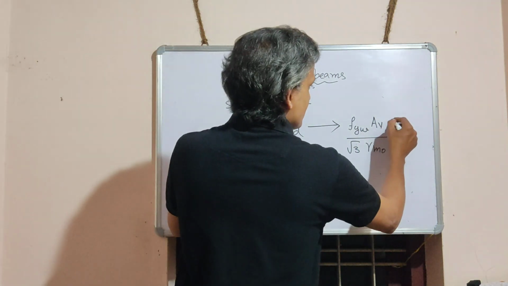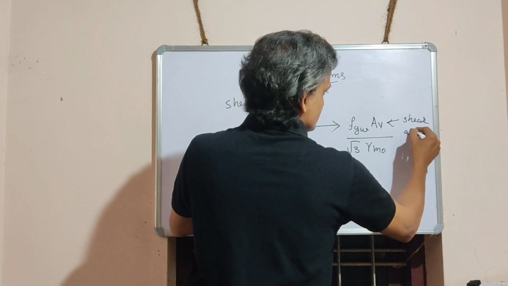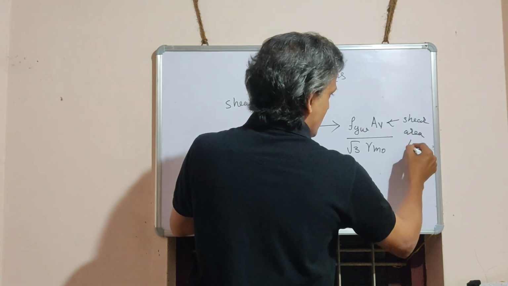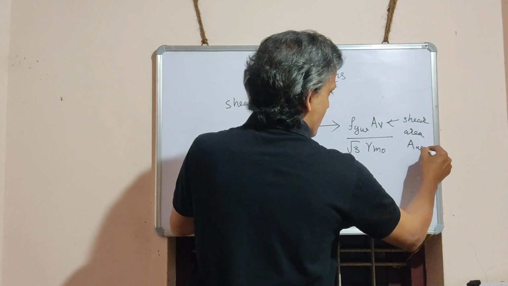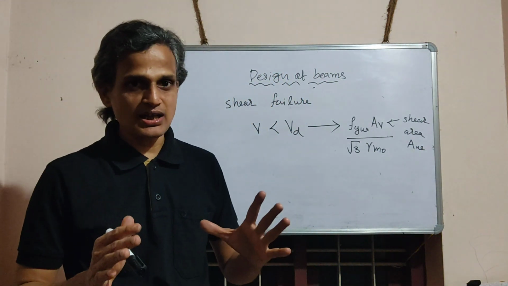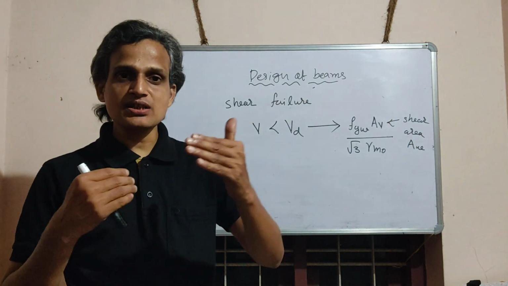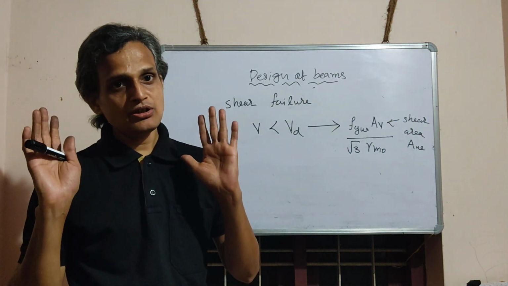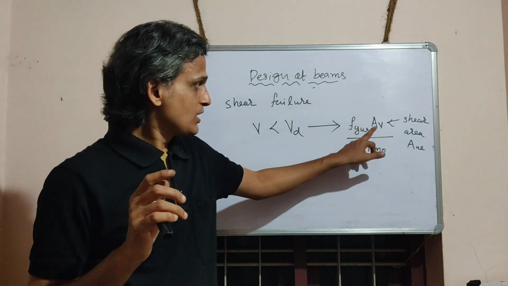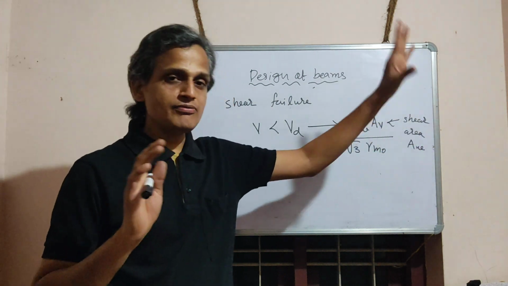Now, what is Av? This is shear area, or area of web. In I sections, the general assumption is that the moment is mainly carried by the flange and shear is carried by the web. So the shear area will definitely be the web area.